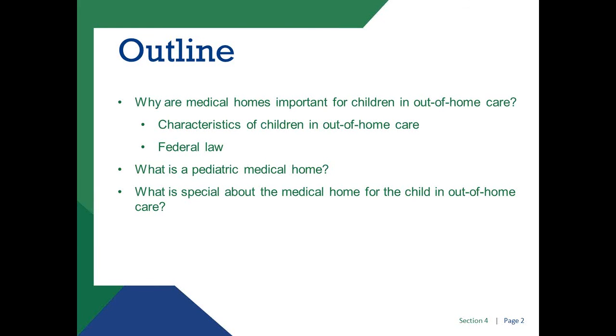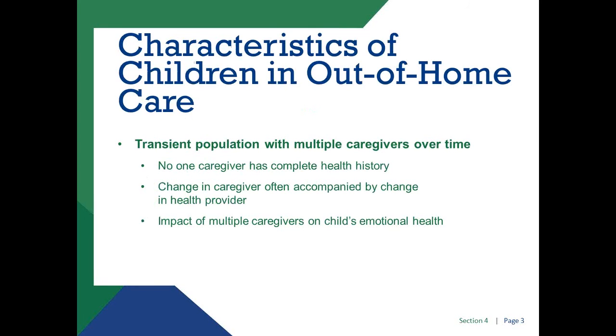So on the next slide, probably the major characteristic of children in out-of-home care that makes it important that they have a medical home is that they are such a transient population with multiple caregivers. And they've often had multiple caregivers even prior to their entry into the child welfare system.